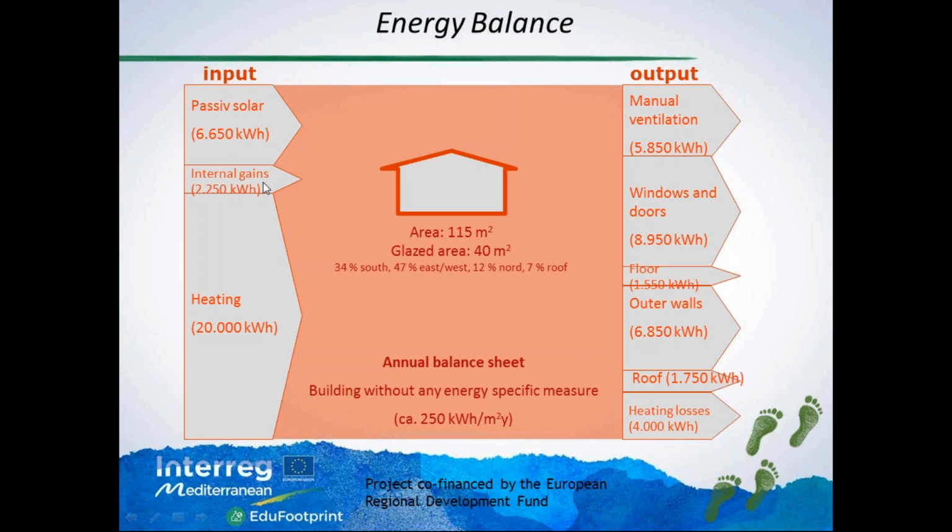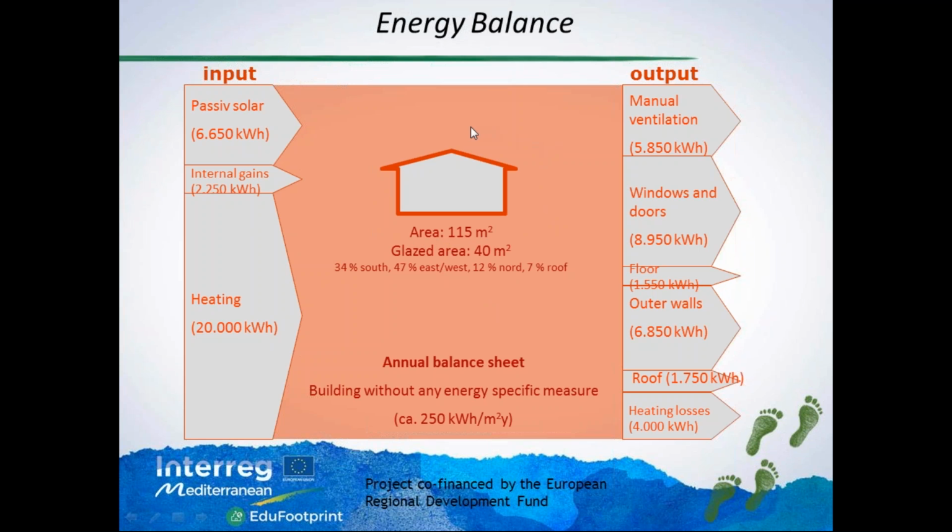So we have the passive solar we can use, the internal gains, and the rest has to be supplied by the heating. So for this building with 115 square meters and 40 square meters of windows, it has a yearly consumption of about 250 kilowatt-hour per square meter a year, and we have to put a big part of this through heating, because the internal gains and the passive solar gains are not enough to cover any bigger share of this.